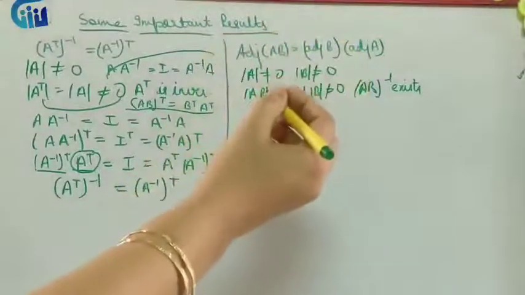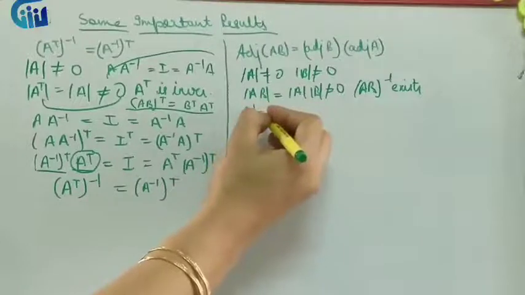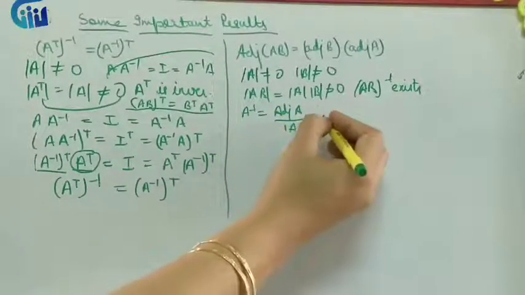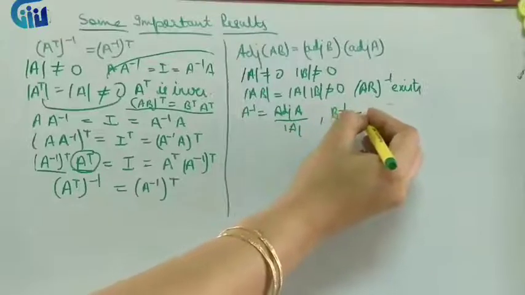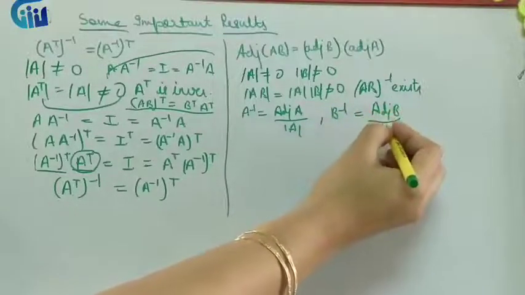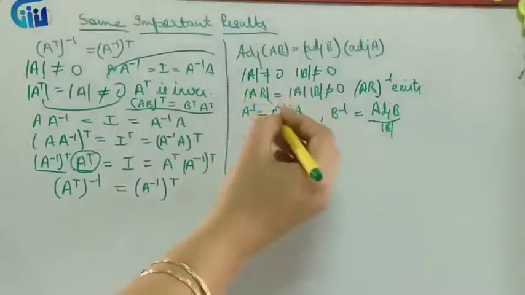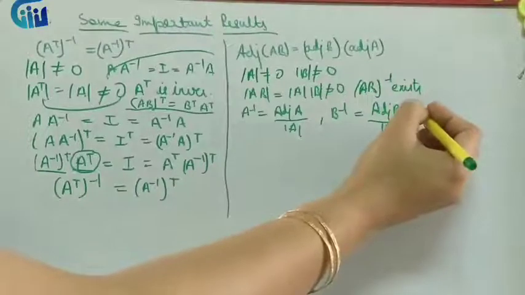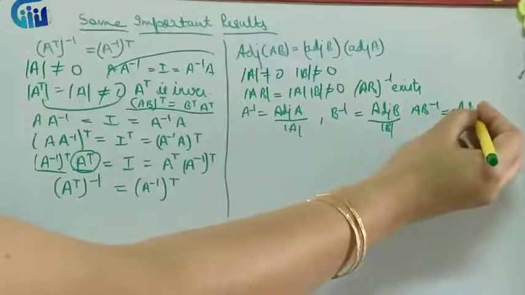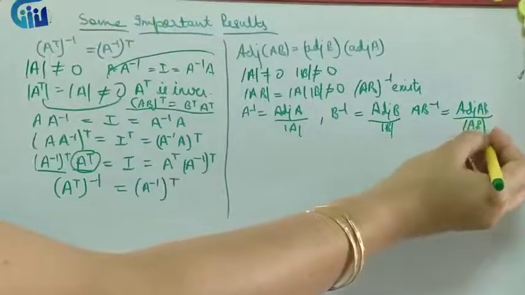We know this particular thing when the determinant is non-zero. Now since A is non-singular, the inverse of A will be adjoint A upon determinant of A. Similarly, B is non-singular, so I can write the inverse of B as adjoint of B upon determinant of B. Now since we have to prove, AB inverse can be written as adjoint of AB upon determinant of AB.